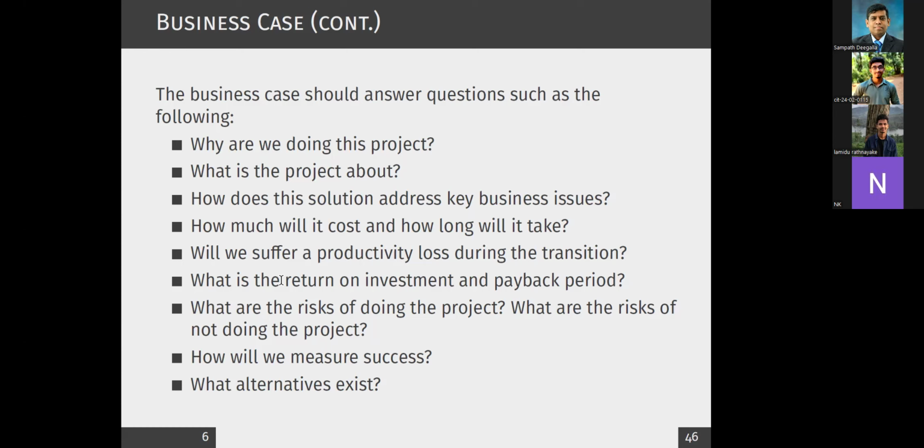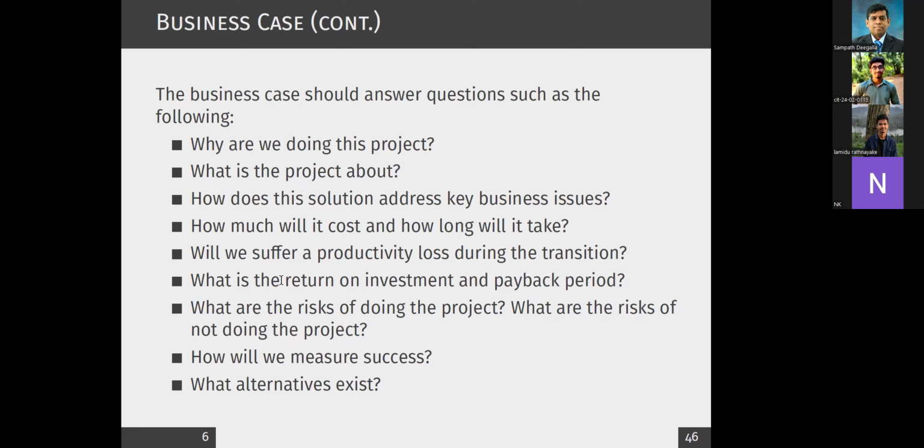What is the return on investment and payback period? We will discuss these ideas in a separate session. But the idea is how long it will take to get back the money you spend. That's what is called the payback period. Return on investment means comparing total cost and total benefits, whether it's a profit or loss.